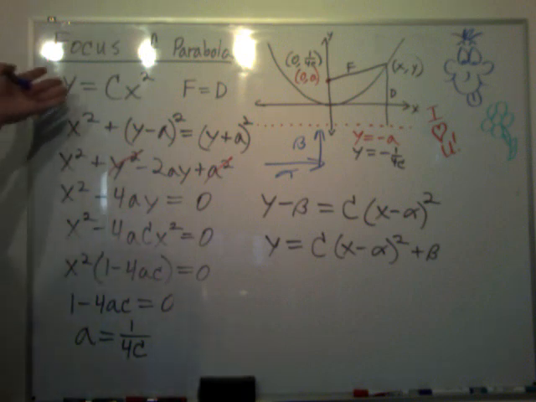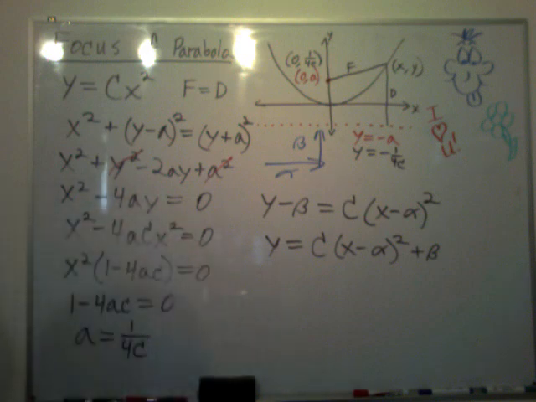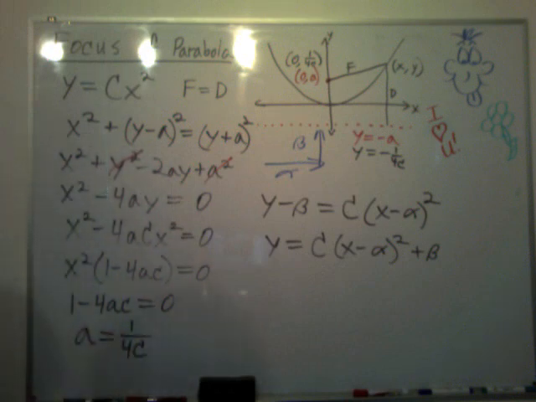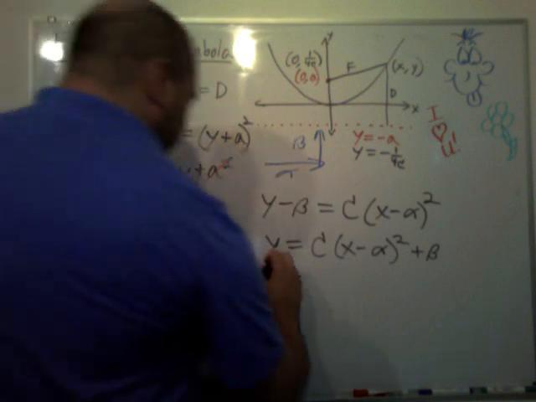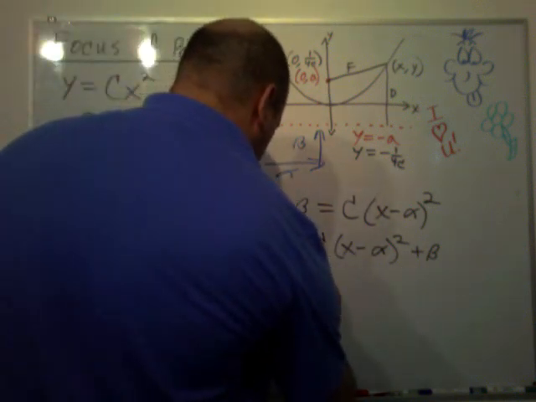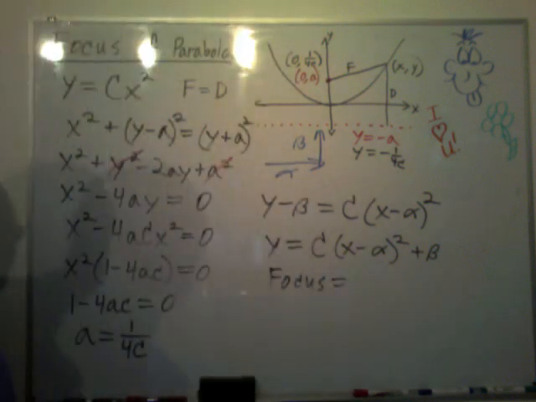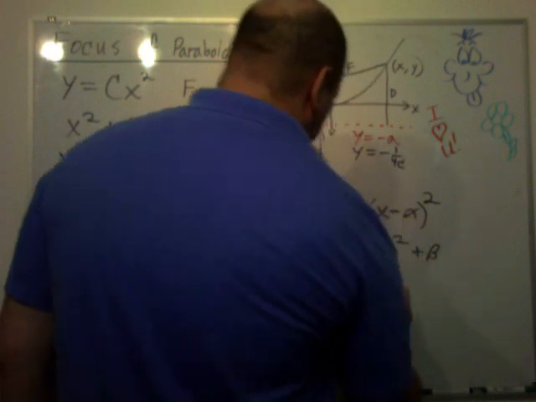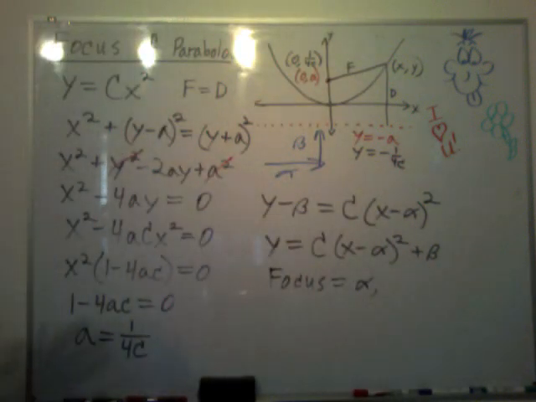What we started out with was that alpha and beta are both equal to 0. But here, this is a parabola with its vertex located at (alpha, beta). And if we have that, all we need to do is shift the focus and the directrix in the same direction, alpha units over and up beta units. So our new focus is going to be, let's add alpha onto the x, so alpha plus 0 is alpha, and let's add beta onto the y.